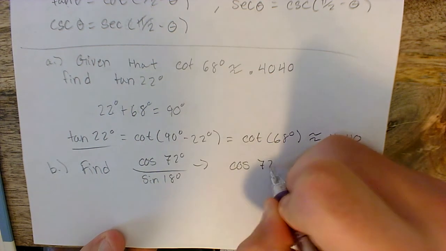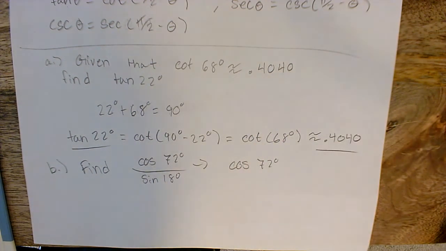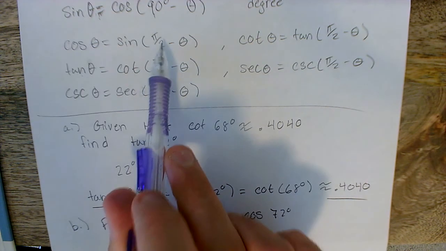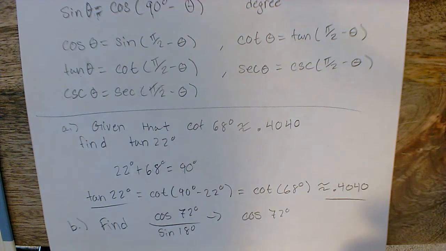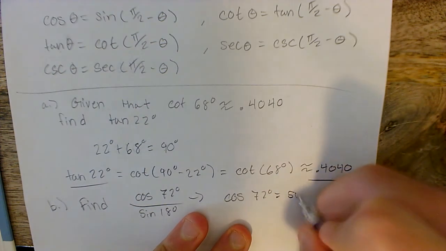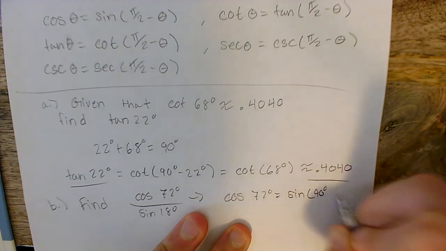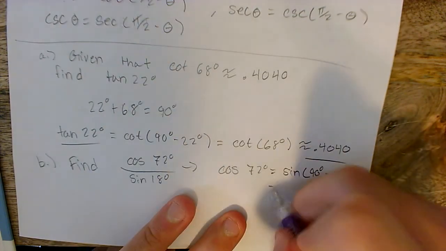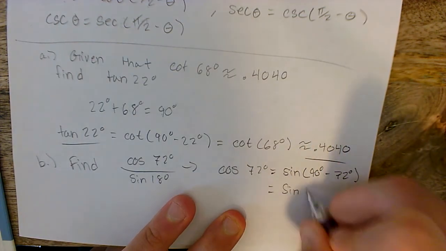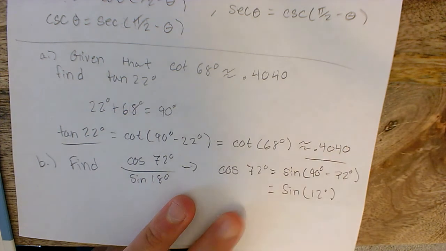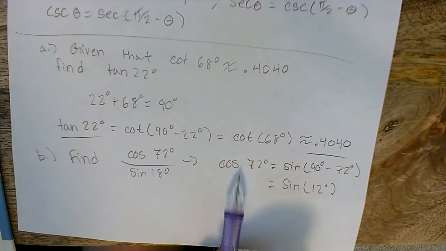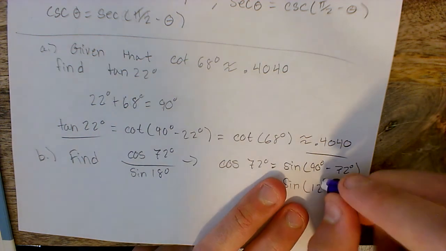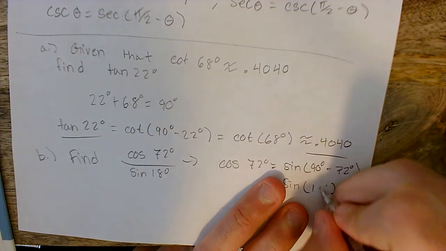So the cosine of 72 degrees equals the sine of 90 degrees minus 72 degrees. So that's equal to the sine of, I'm sorry, 90 minus 72 is 18.